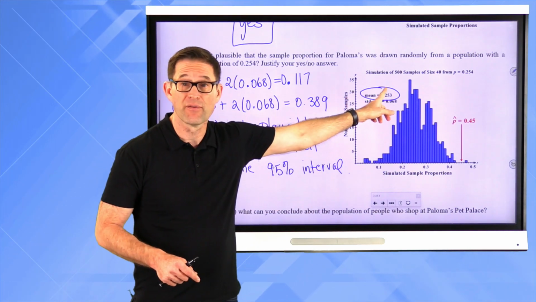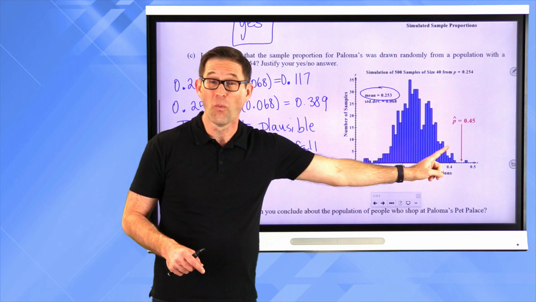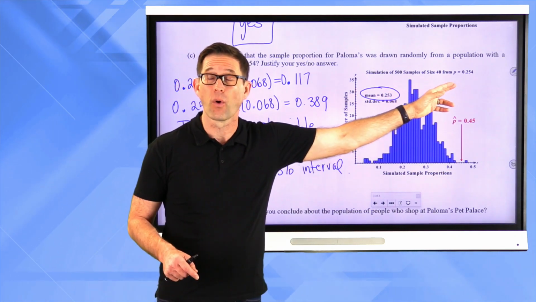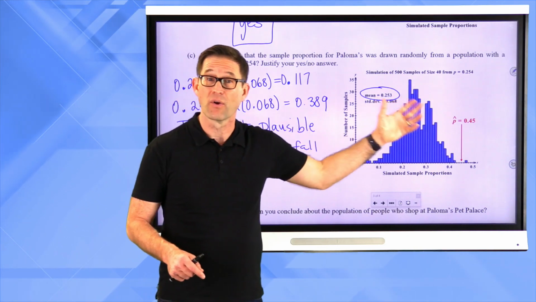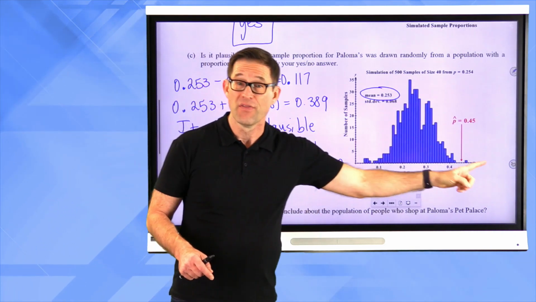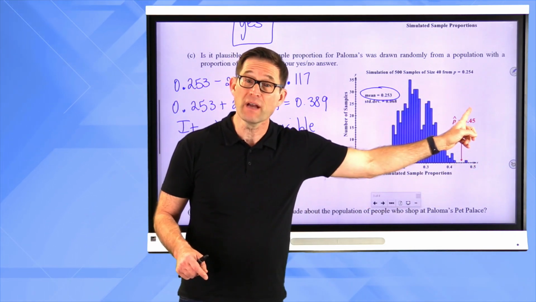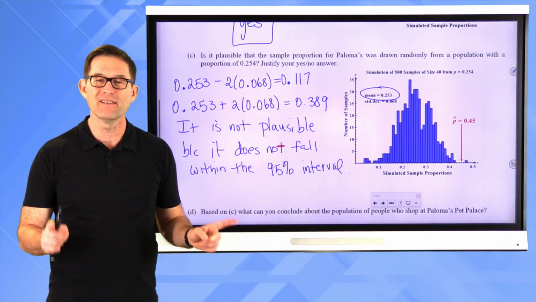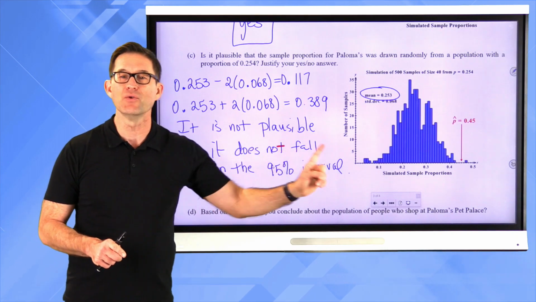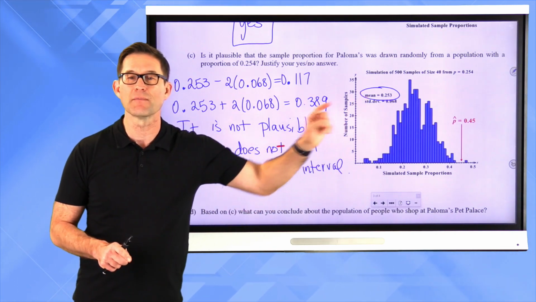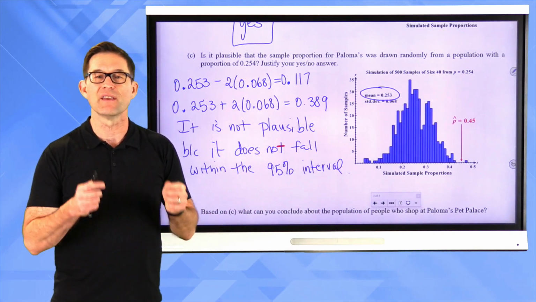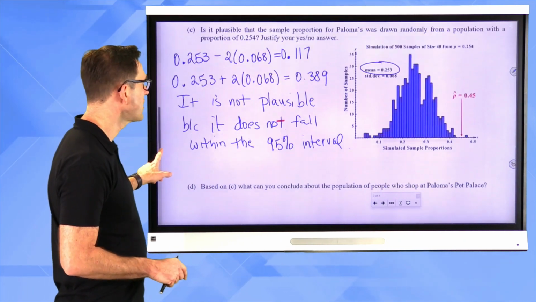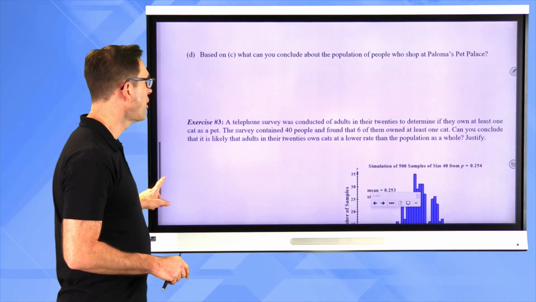In fact, I did 500 of them, and I got one that I drew out of a population with 0.254 as the population proportion, this sample of 40, that got me a proportion that was bigger than 0.45. But because it doesn't fall within 2 standard deviations of the simulation mean, we say that it is not plausible. It's not likely to have actually come from that population.